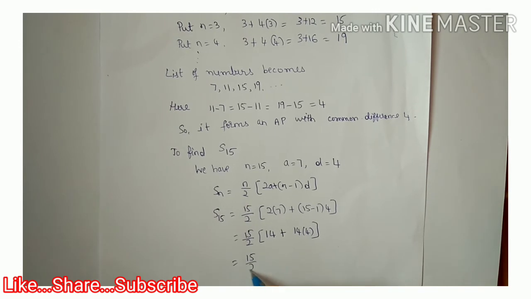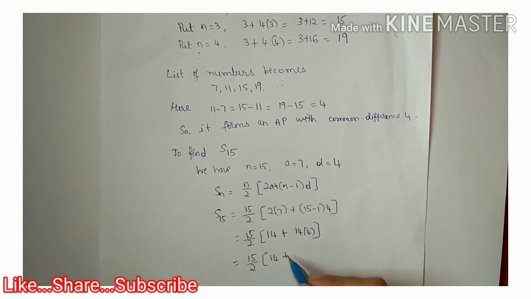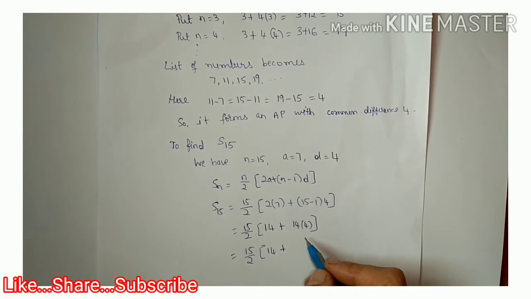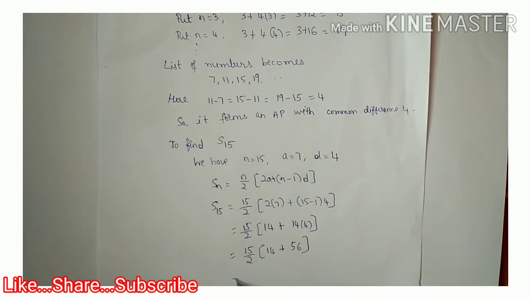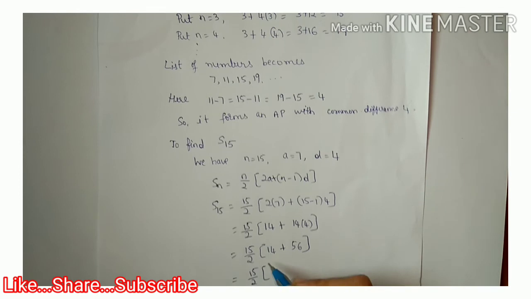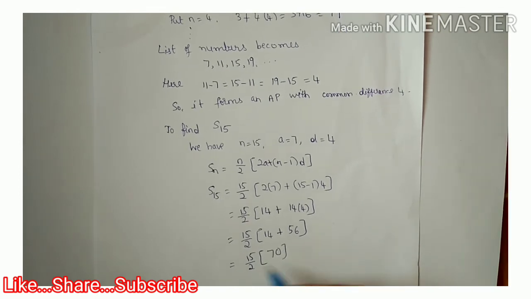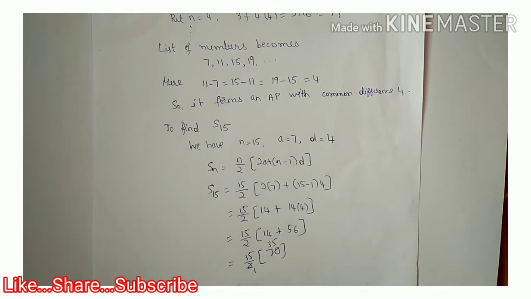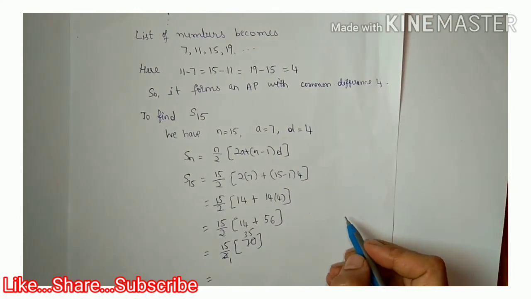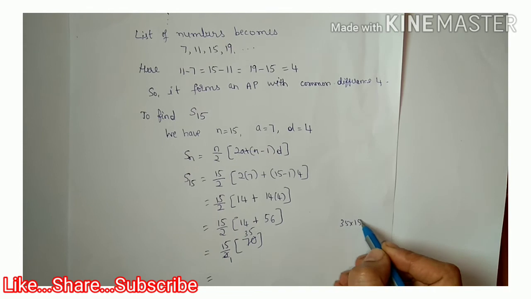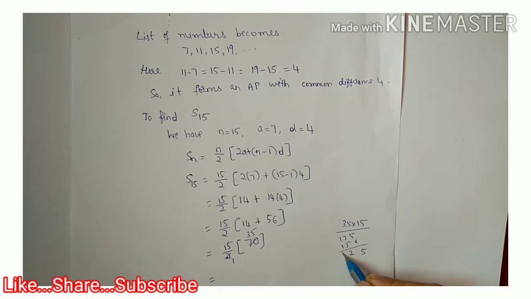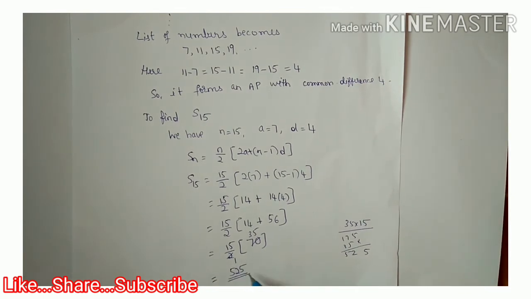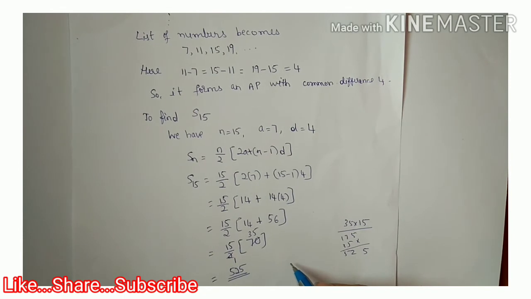That is 15 by 2, 14 plus 14 into 4, 56. 15 by 2, 56 plus 14, 70. 2 ones are 2, 35. 15 into 35, 525. Therefore, the sum of the first 15 terms of the list of numbers is 525.